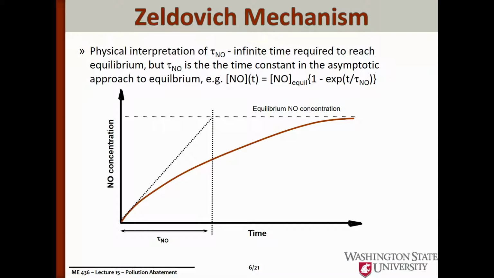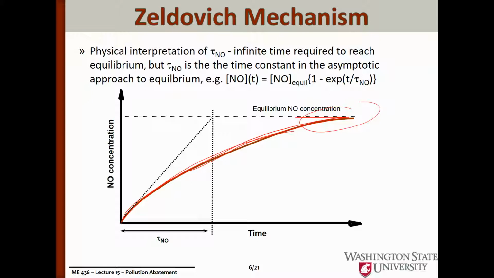So if we were to look just at the Zeldovich mechanism, given some amount of time at some flame temperature, the kinetics of that reaction are going to follow some curve where initially a lot of NO is going to be produced, and then it's going to reach closer and closer to its equilibrium concentration after some infinite amount of time.